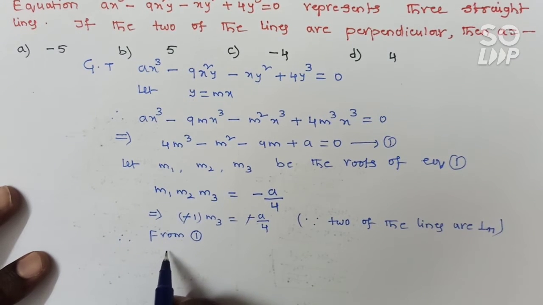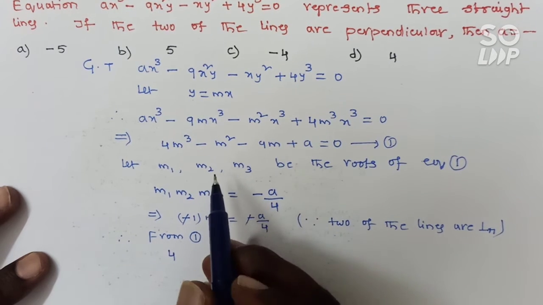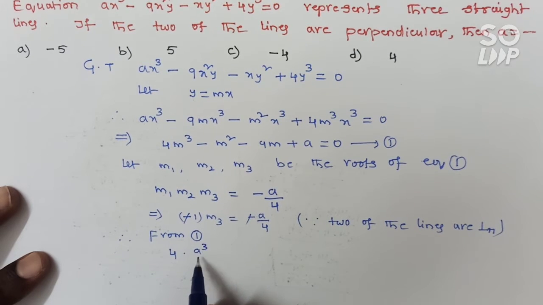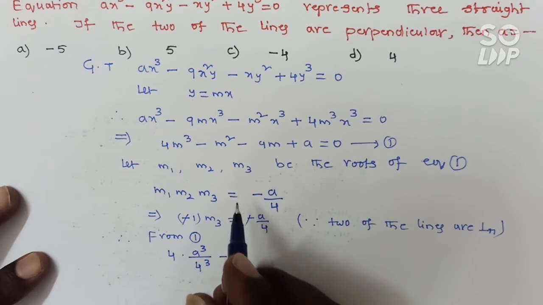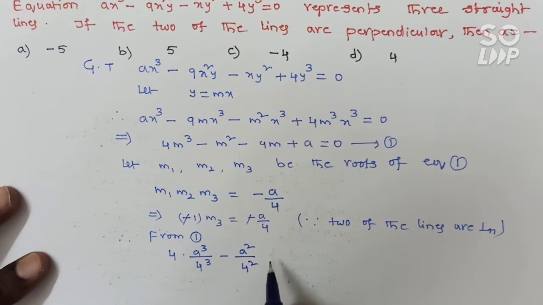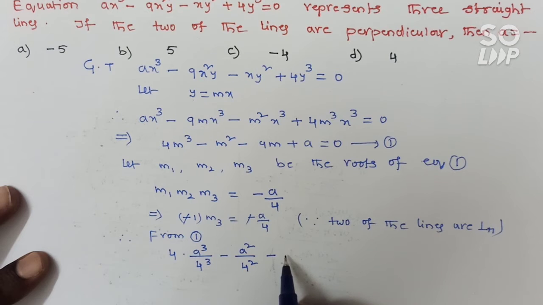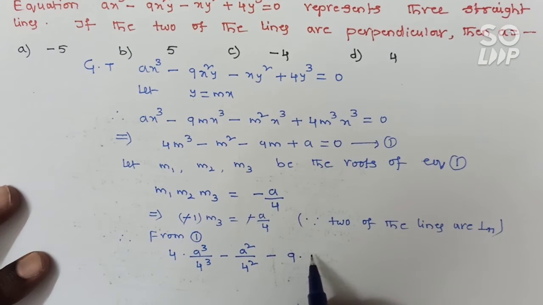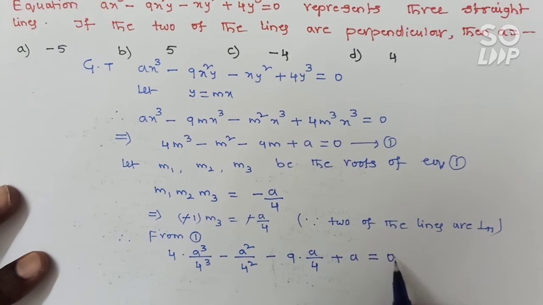That is 4 into a by 4 whole cube, that is a cube divided by 4 cube, minus m square, which is a square by 4 square, minus 9 into m, which is a by 4, plus a equals 0, right?